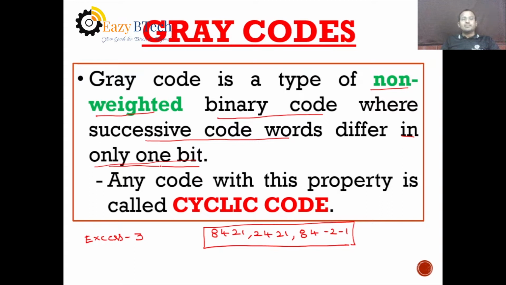That is the major advantage of gray code. Any code that satisfies this property, that two successive code words differ in only one bit, is known as a cyclic code. So gray code is an example of a non-weighted code and it also comes under cyclic codes.